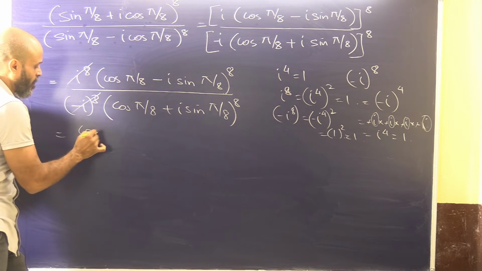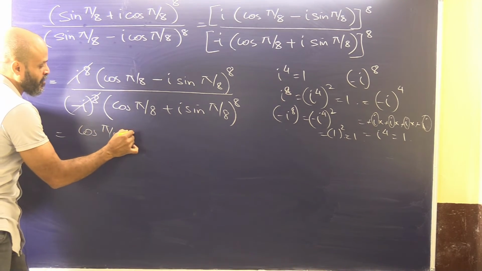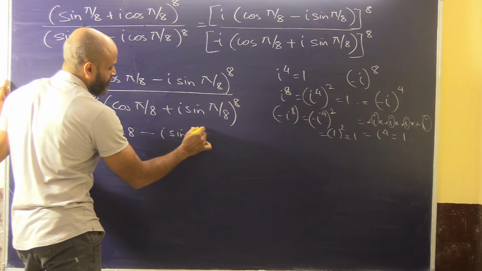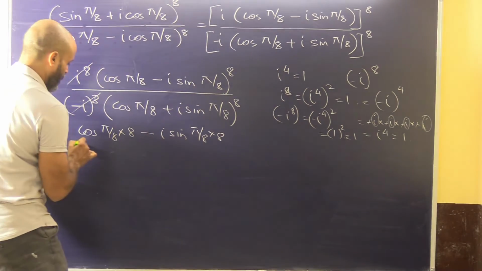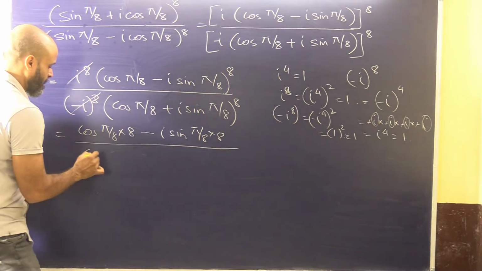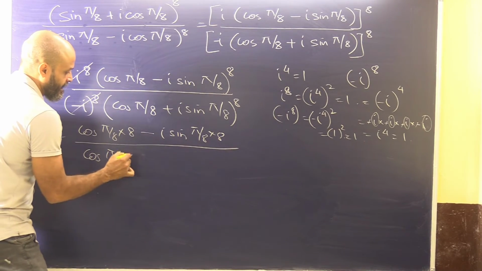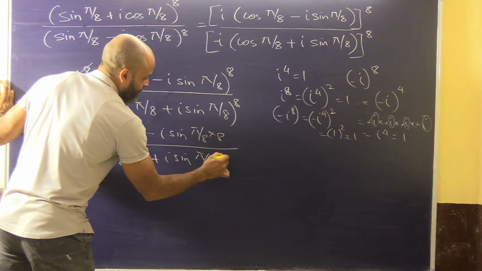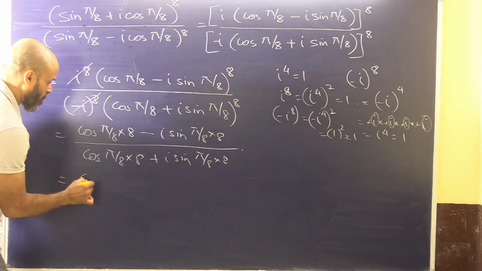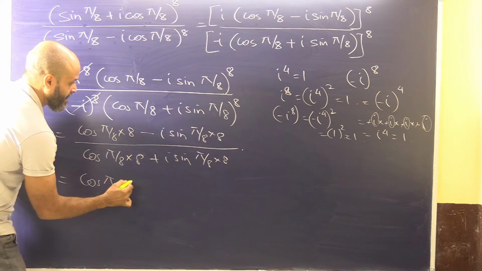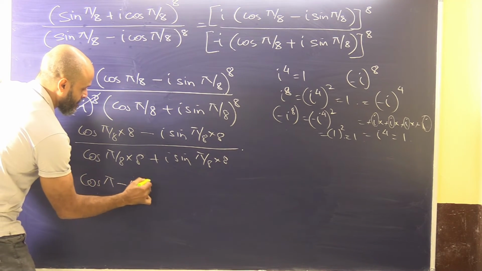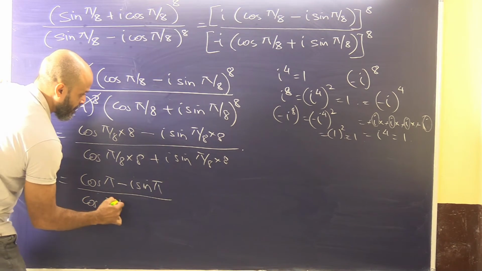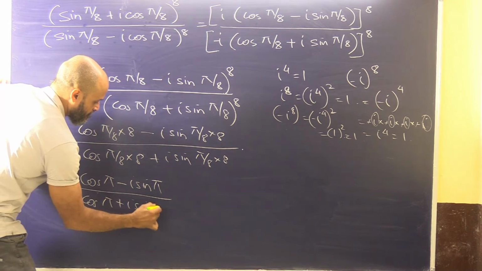Here we have cos pi by 8 into 8 minus i sin pi by 8 into 8, applying De Moivre's theorem, upon cos pi by 8 into 8 plus i sin pi by 8 into 8. So this gives us cos pi minus i sin pi upon cos pi plus i sin pi.